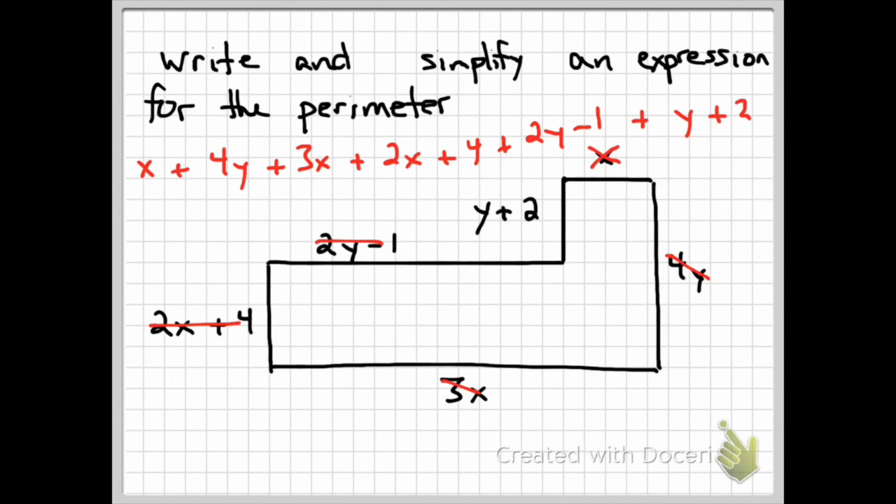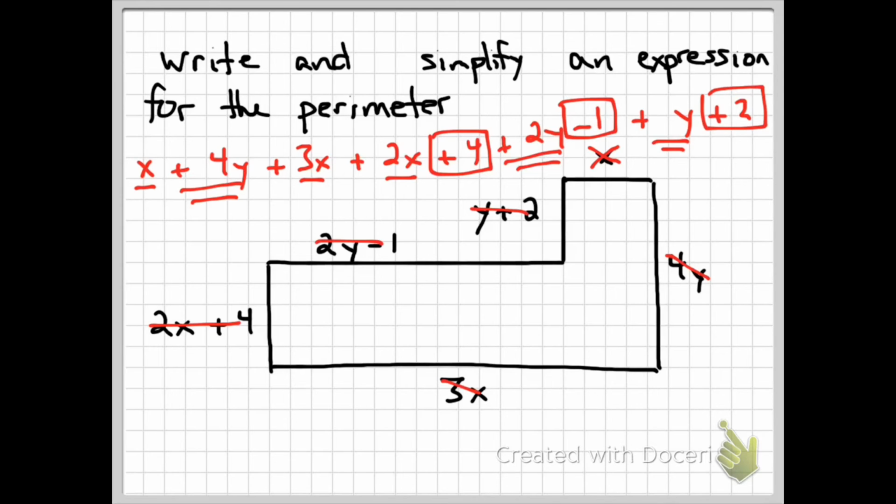All right, so what we're going to do is we'll highlight our like terms again. We have an x, 3x, 2x, and I believe that's all our x's, all right? Then we have 4y plus 2y plus y, and then we have positive 4 plus 4 minus 1 plus 2.